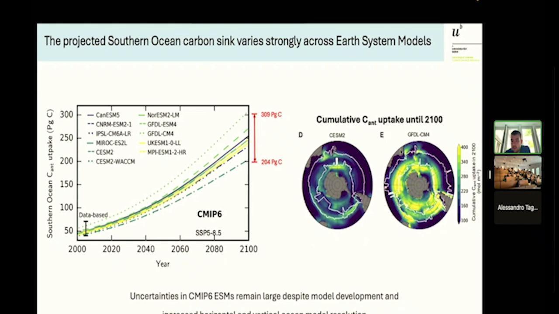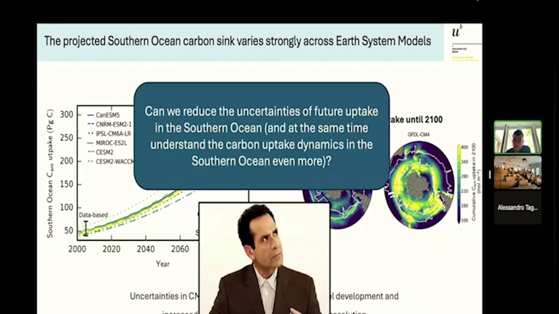It's in this zone that the uptake happens, and then the storage of the carbon happens. So this interfrontal zone is a crucial zone for the uptake of anthropogenic carbon in the Southern Ocean. And the question now is, can we reduce uncertainties of the future uptake in the Southern Ocean?